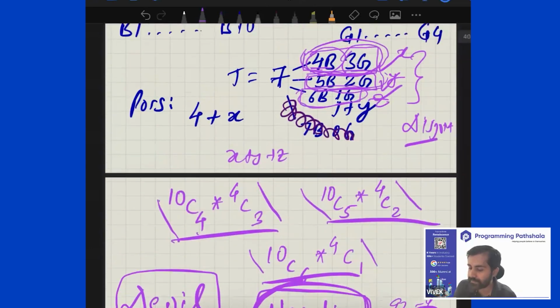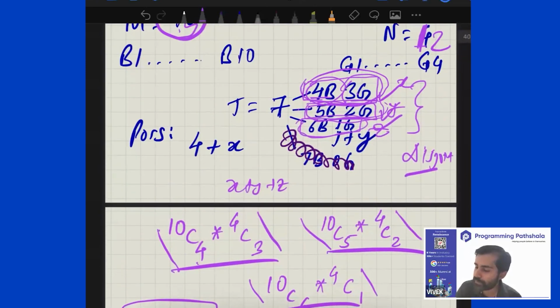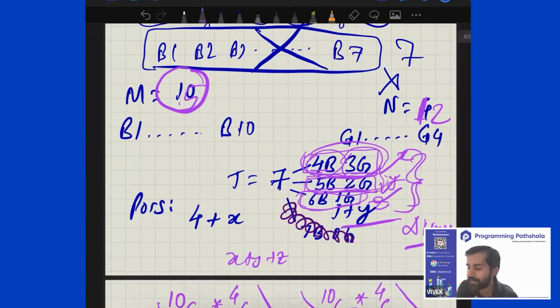In this case, let's say the value of m is 15 and the value of n is 12. Here we were listing down the categories which were possible. If you list down the categories which are impossible, that would be a much better idea. So can you tell me what the impossible categories are?